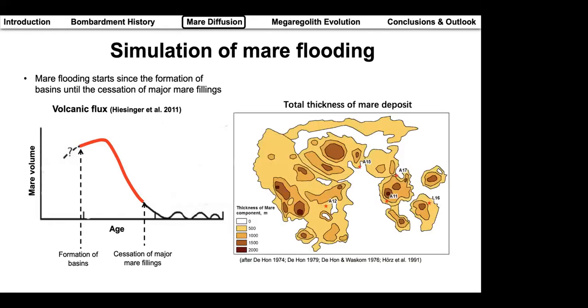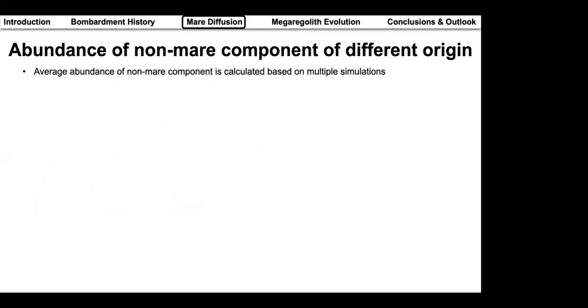Another key thing is how much Mare material has flooded, how much material has filled these areas. This is based on previous estimates. With this improvement, we can now estimate the abundance of non-Mare materials over the Mare surface.